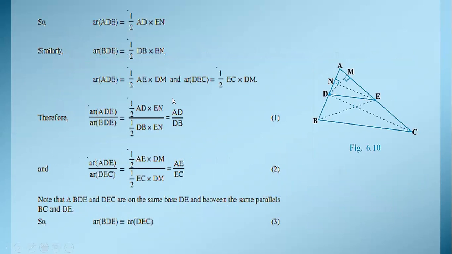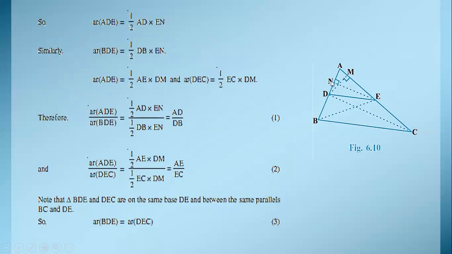Now again, we can say that the area of triangle BDE will be half of DB into EN, as DB is the base here and the altitude is EN. Even if it is outside the triangle, we'll take the same altitude because it is from the same vertex to the base extended. So the base we will take as DB, and the height will be EN.